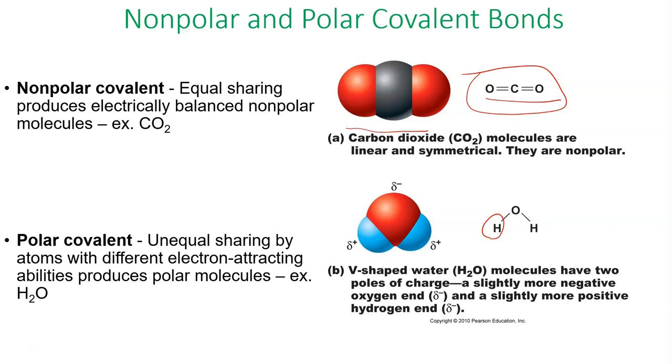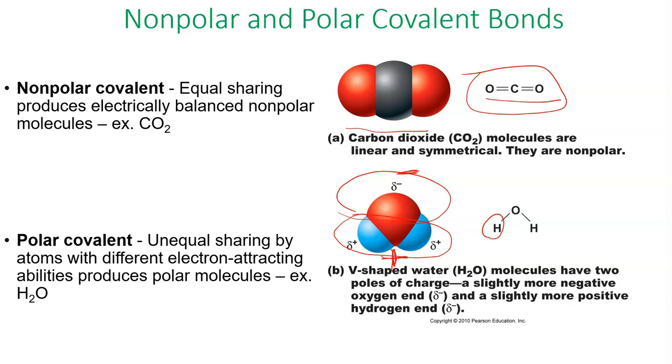Basically, what you need to know is a molecule that has polar covalent bonds has a net charge on one side of its formation and the opposite charge on the other. So on this side, in water, you've got a net positive charge, and that's because those hydrogen atoms are not equally sharing their electron with oxygen. And then you have a net negative charge on this side, where the oxygen is.